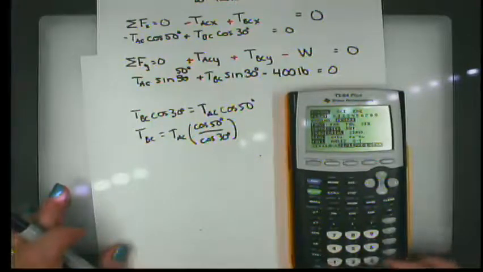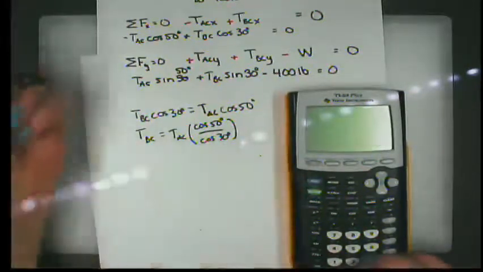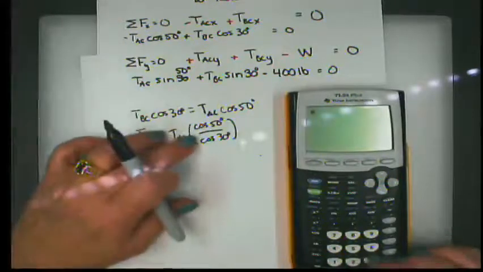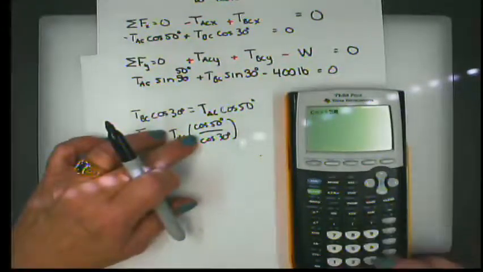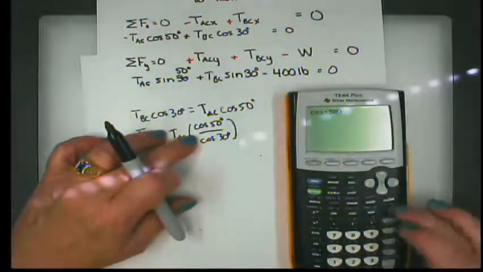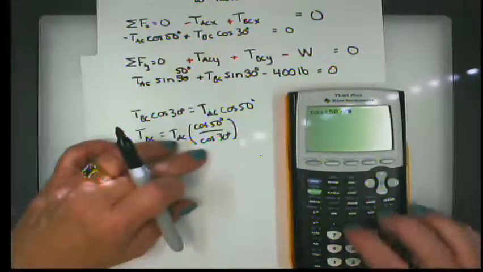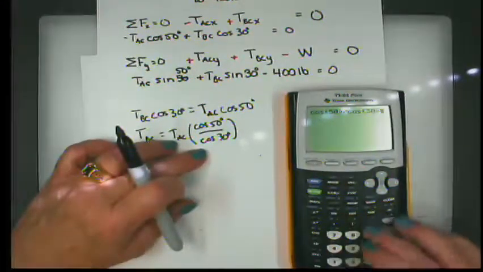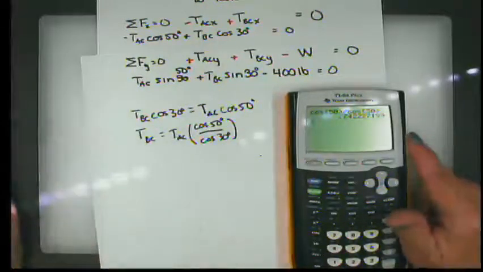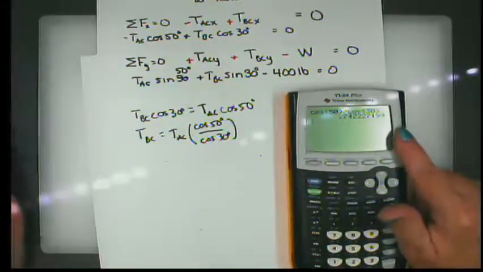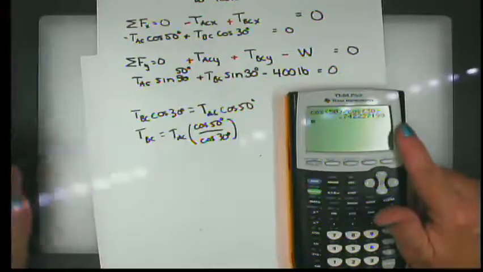See if we can get it off or not, huh? All right. So now I'm going to take the cosine of 50 and divide that by the cosine of 30, and there's my coefficient. The divided quantity is 0.74227.